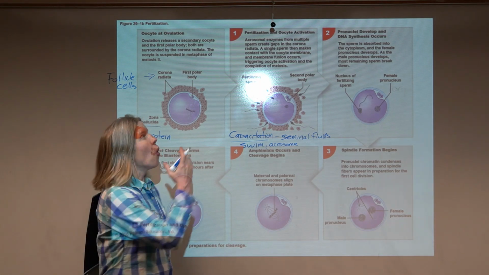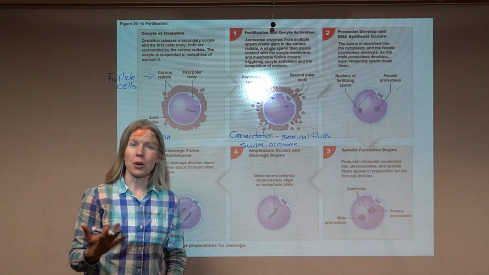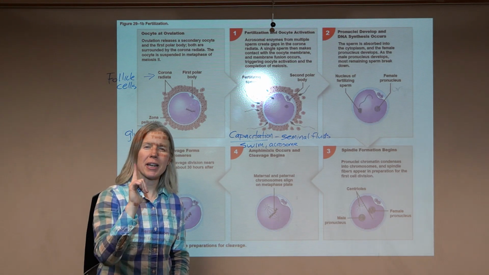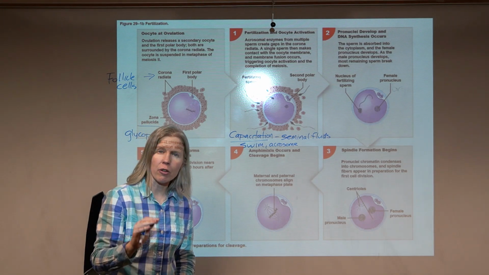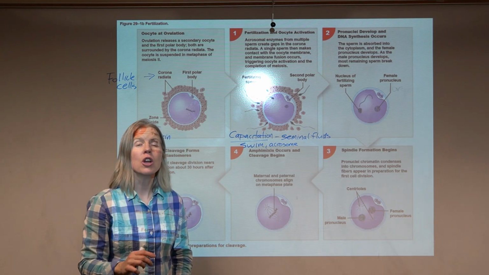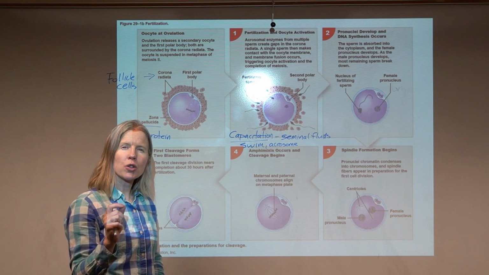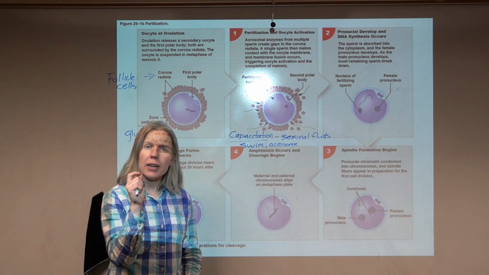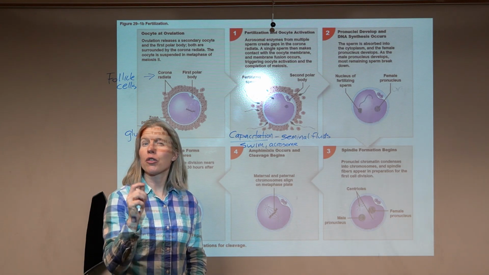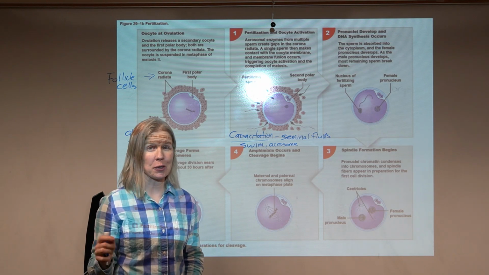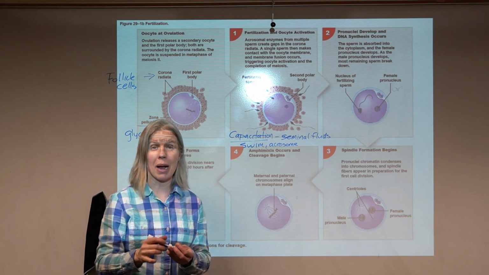So if we want fertilization to occur, there is only going to be a single sperm that fertilizes the egg. However, you actually need lots of sperm to make this happen. So here's what it looks like. In each ejaculation, there's approximately 200 million sperm. It's kind of a crazy number to imagine, right?